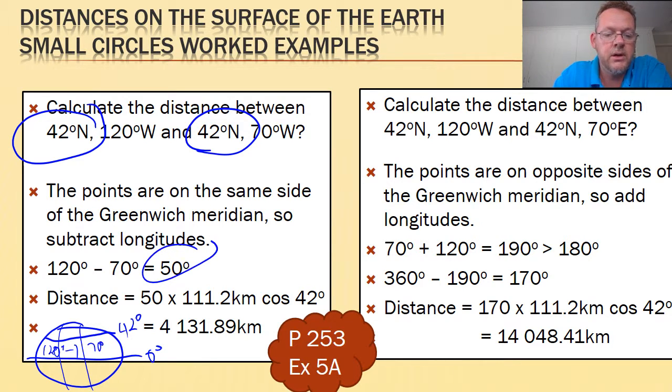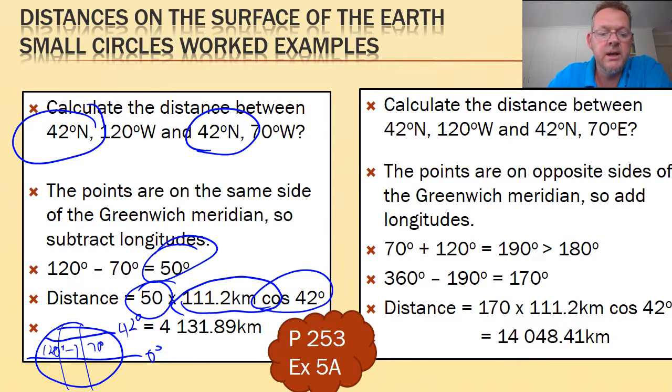So we've traveled a total of 50 degrees. So you just minus them because they're on the same side of the Greenwich meridian. Now, because we're traveling across a small circle, it's going to be the angular distance multiplied by 111.2 multiplied by the cosine of the angle of latitude. In this case, it's 42 degrees. And that will give us an answer of 4,131 kilometers.